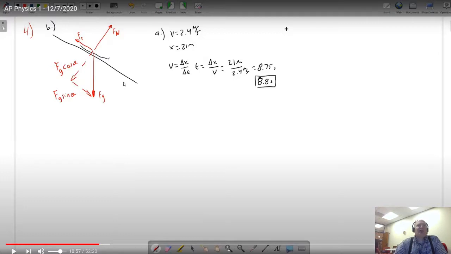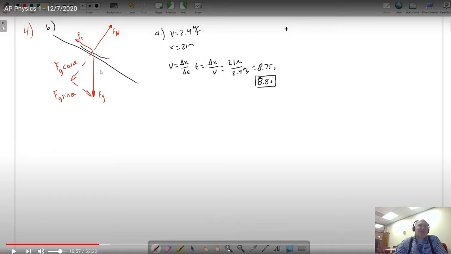Well, cosine, let's go with sine, my favorite, first. Sine gets smaller when the angle gets smaller, right? So if I were to bring this slant down, theta would get smaller, so I would expect this to get smaller.